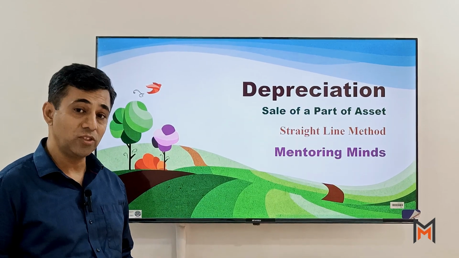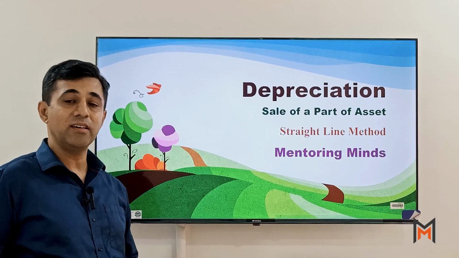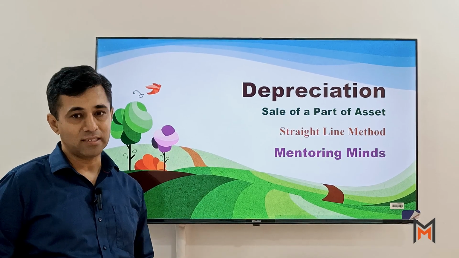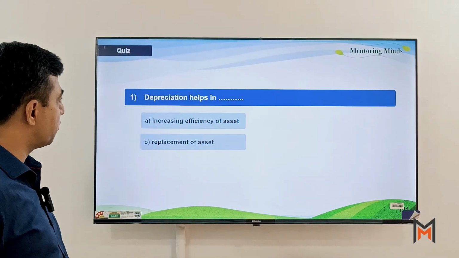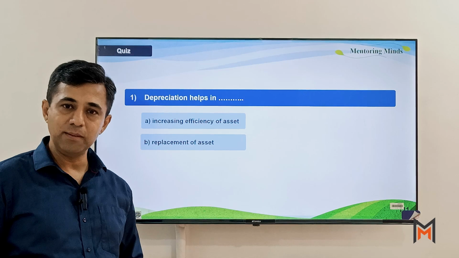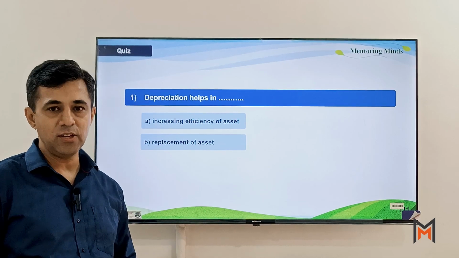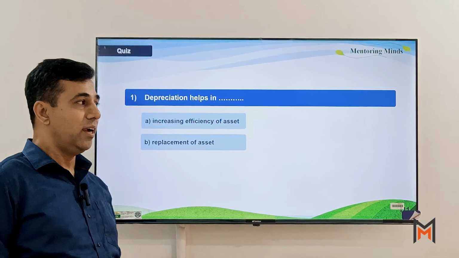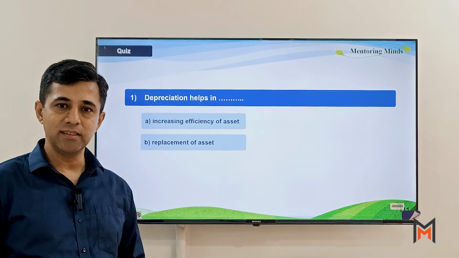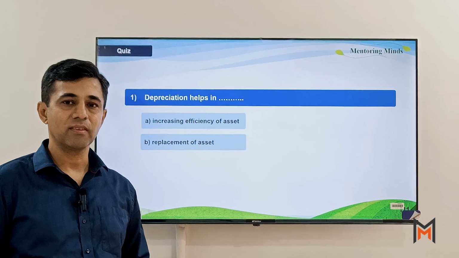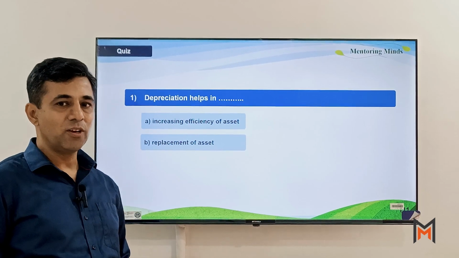Let us take some questions so as to understand whether the depreciation concept is clear in our mind or not. Let's say a question comes in front of you कि depreciation helps in increasing the efficiency of asset or it is going to help in replacement of asset. What should be the answer? Yes, absolutely right.